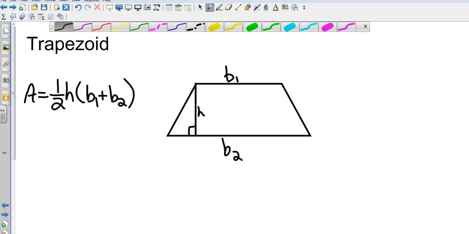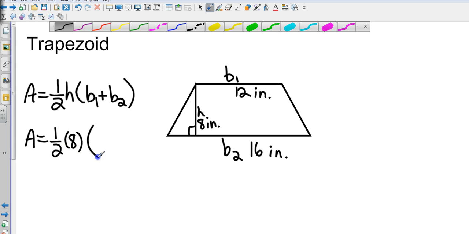So let's get into an application problem with this. Let's say that this has a base 1 of 12 and a base 2 of 16. Let's go in inches in this case. Let's say it had a height of 8 inches. So plugging that in, area is 1/2 of the height, which is 8, times base 1 plus base 2.